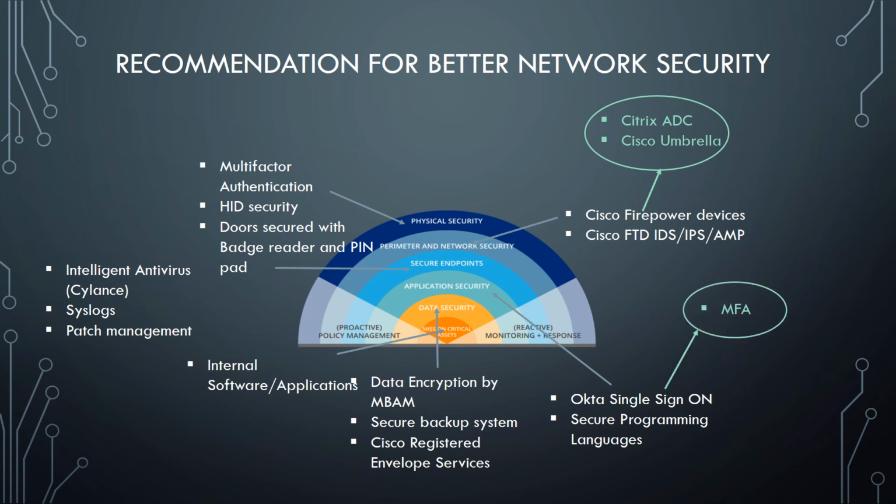And also for the application security, I would like to have a multi-factor authentication strategy in place. And then for the data security, I would like to have Citrix ShareFile, and I would like to have Citrix XenMobile for BYOD devices. It's better to have XenMobile to download all the emails.